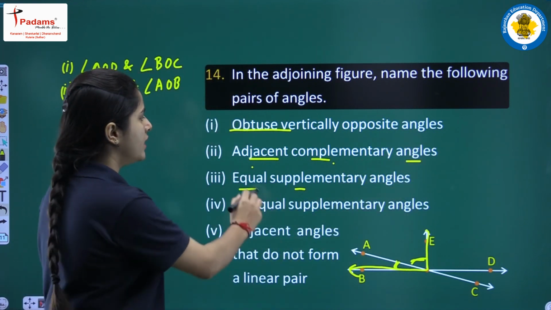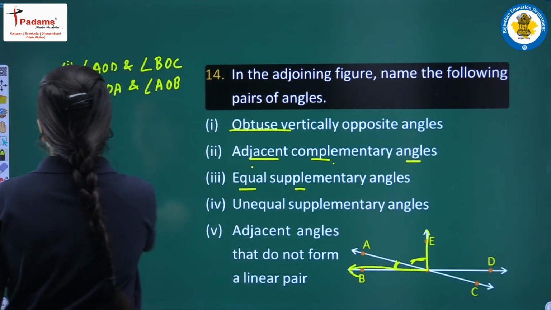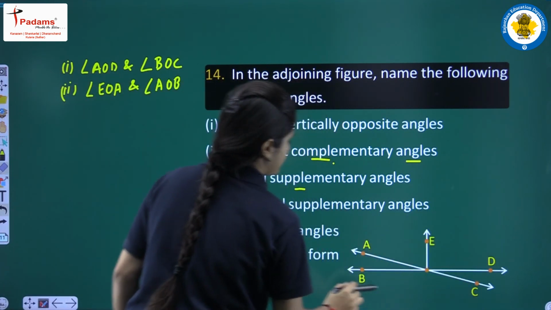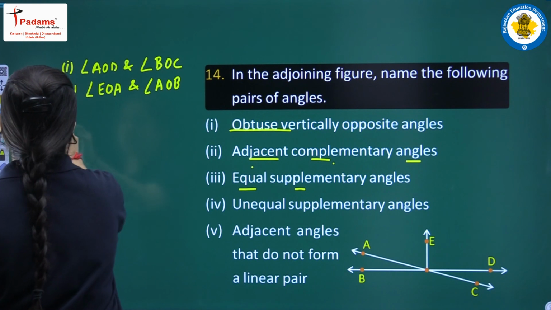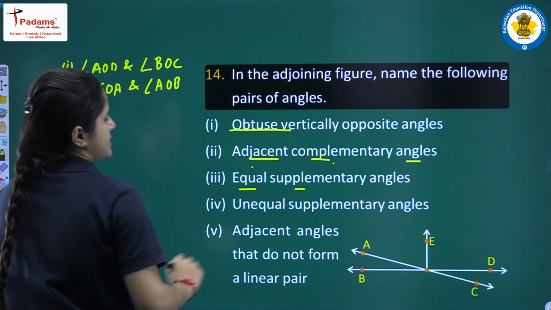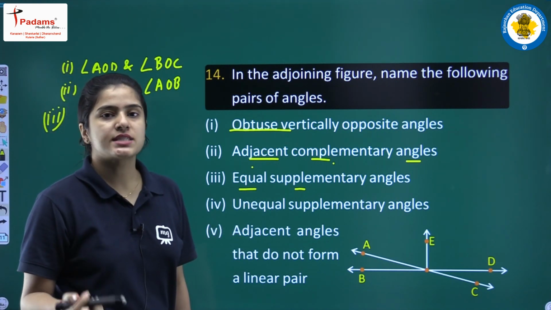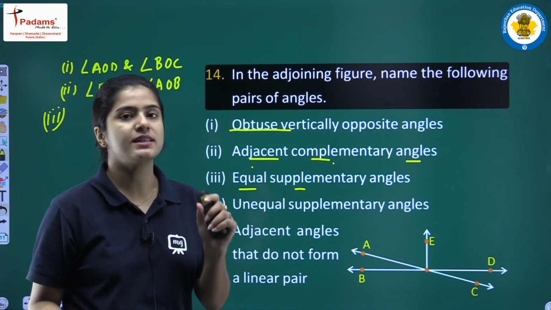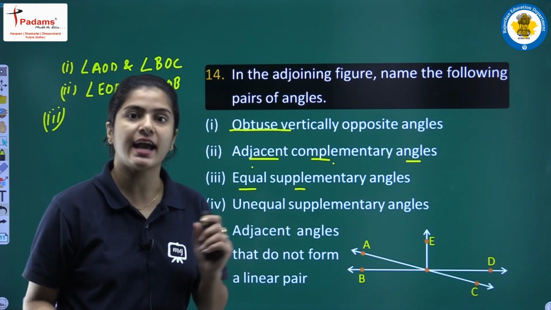Okay students, now equal supplementary angles. Where are the equal supplementary angles? Supplementary angles are those angles whose sum is equal to 180 degrees, and if the supplementary angles are equal, then those angles are 90 degrees and 90 degrees.